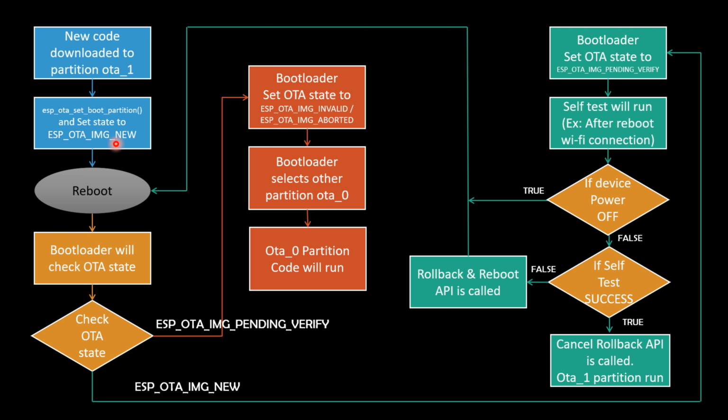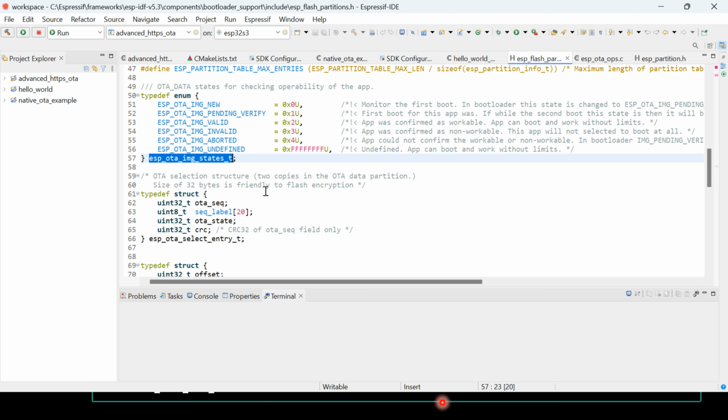Now, what is this OTA state? We know there are two partitions, meaning two images, two codes in short. So each partition, each image has a state. I will just show you in ESP-IDF how many states there are in the OTA. If we go here, in the esp_flash_partitions.h file, these are the states of any image.